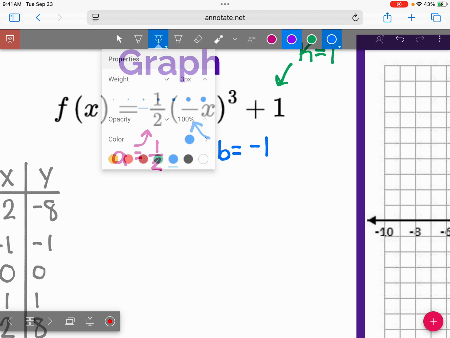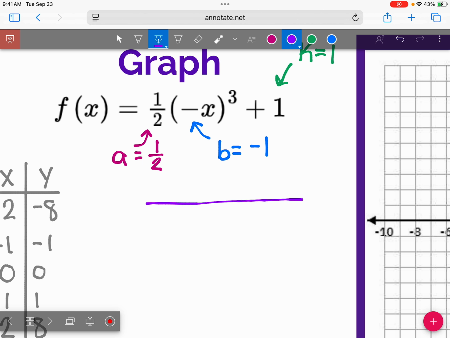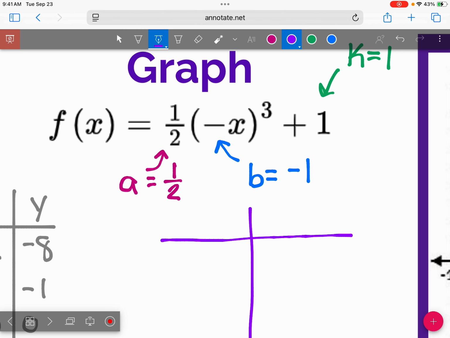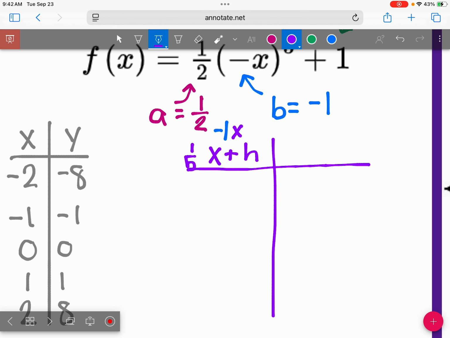So when we set up this table, we're going to have our x plus h, but we times by 1 over b. That's a b. So 1 over -1 is just -1 times our x. That's how we get that reflection across the y-axis, because that's going to take all these negative values and flip them to the other side.